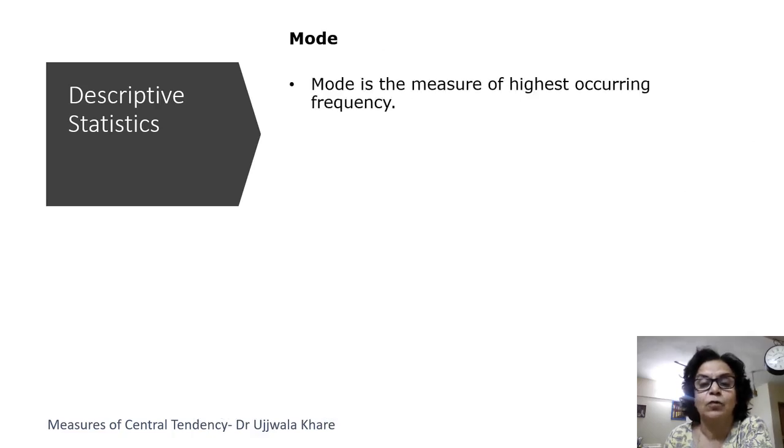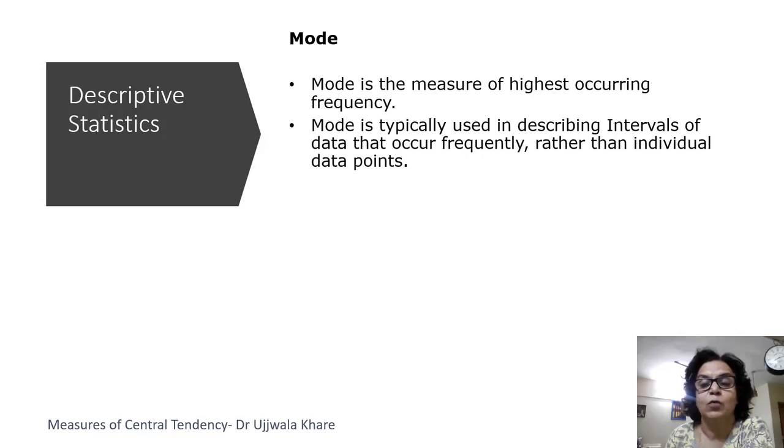Then we come to mode. Mode is the measure of highest occurring frequency, or the most frequently occurring number is the mode. And the term mode, which in German we say Mode, is used for fashion, the thing which is most commonly used.